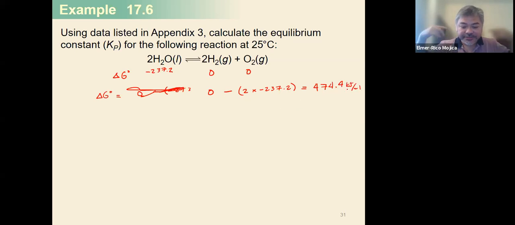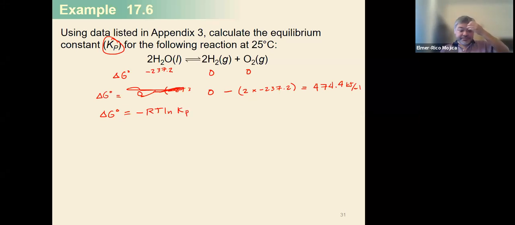But that's just the delta G. What is being asked? Kp. So we're going to use the van 't Hoff equation: delta G equals negative RT ln Kp. We can divide both sides by negative RT.